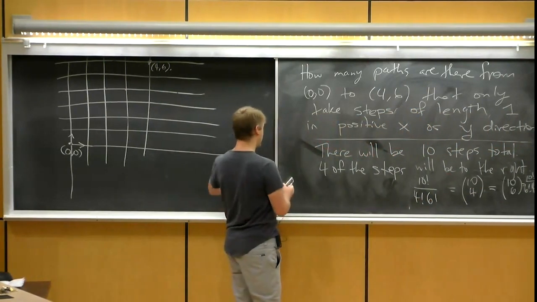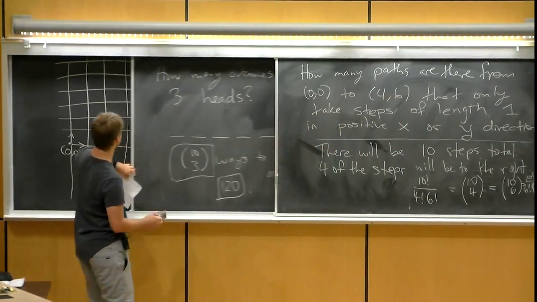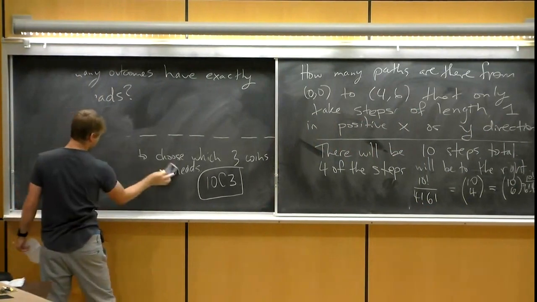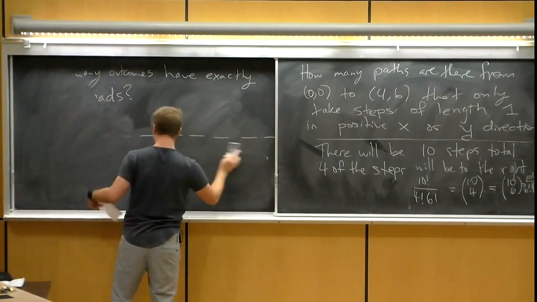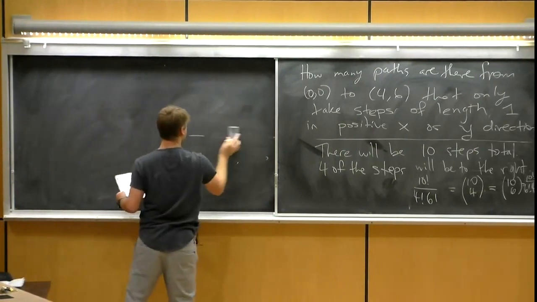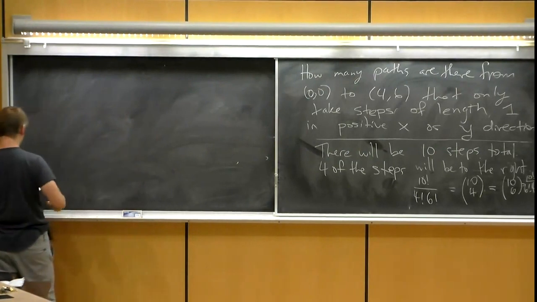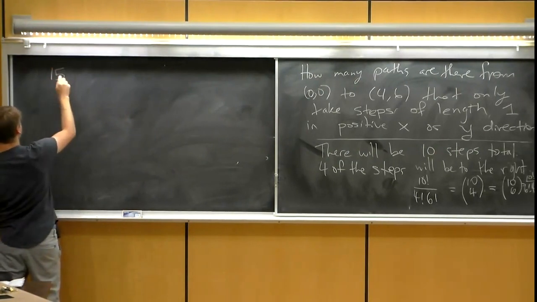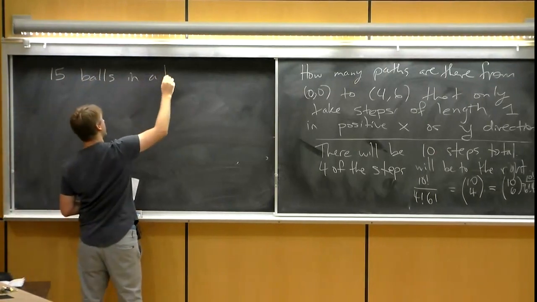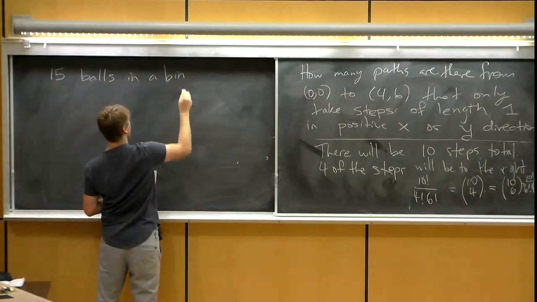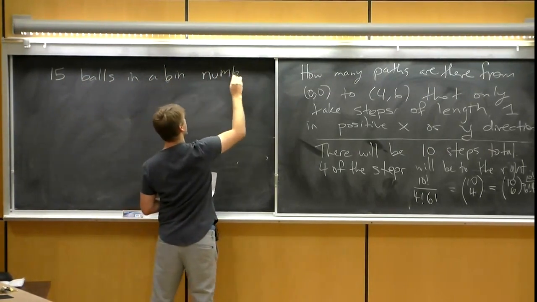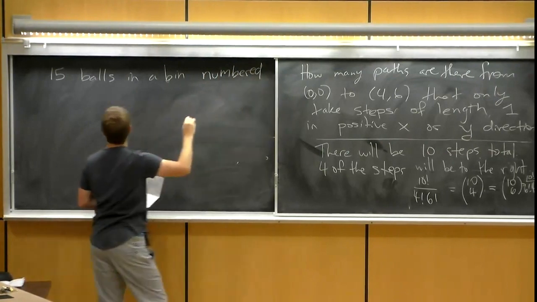Okay, so another example. You've got 15 balls in a bin, which are numbered 1 to 15.